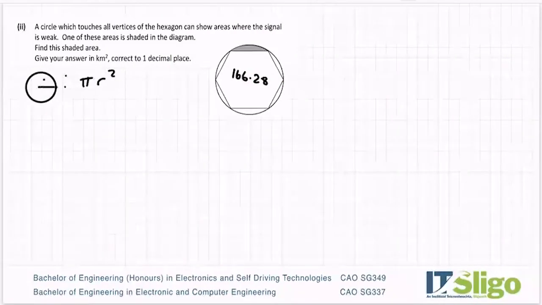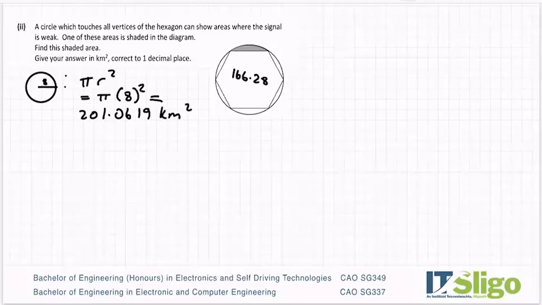So it's pi times 8 squared, which is 64 pi, 201.0619 kilometers squared.